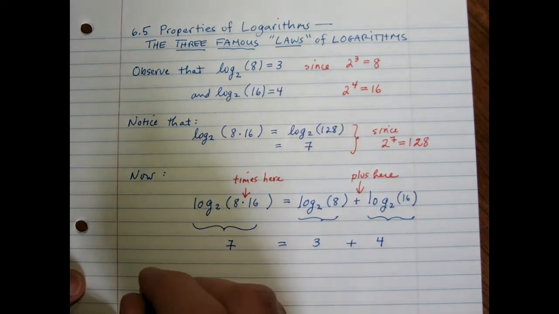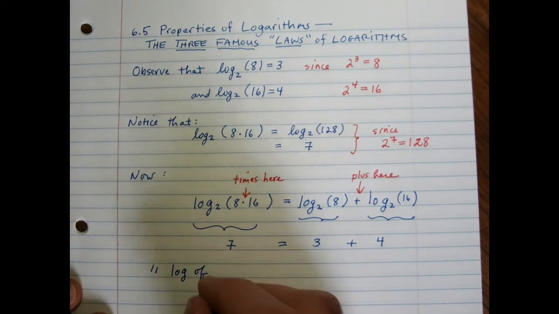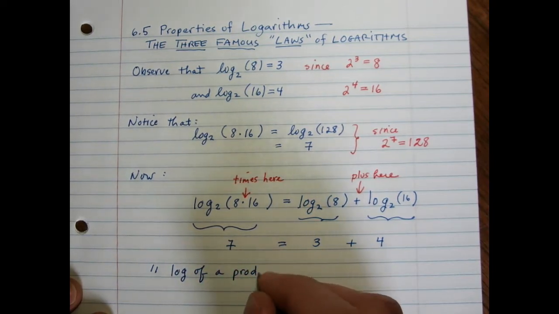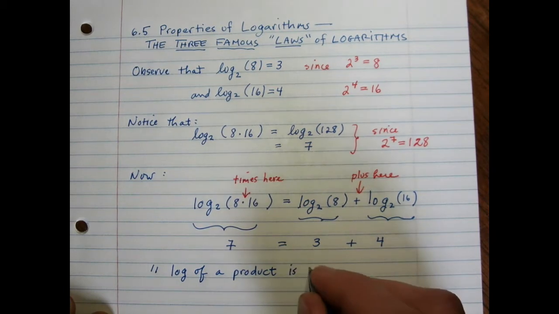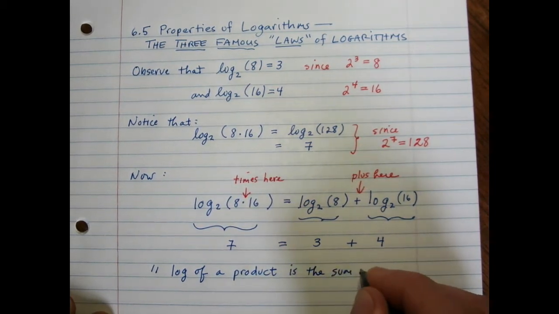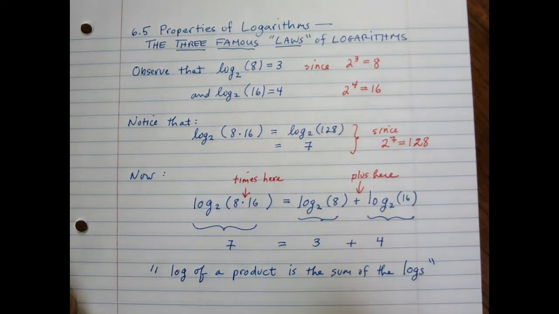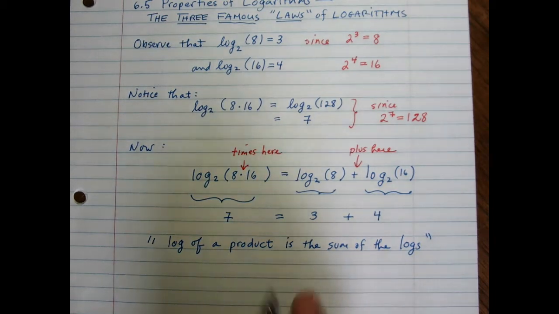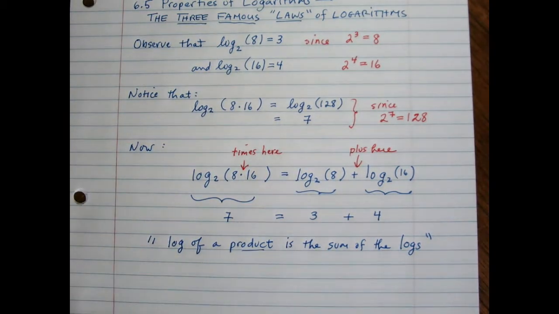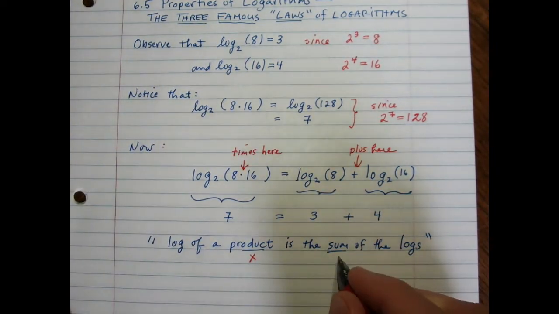In words, we could say the log of a product, what you get when you multiply two numbers, is the sum of the logs. And that's really, in everyday language, the gist of one of the famous laws of logarithms. Log of a product, where we're multiplying, is equal to the sum of the logs, where we end up adding.